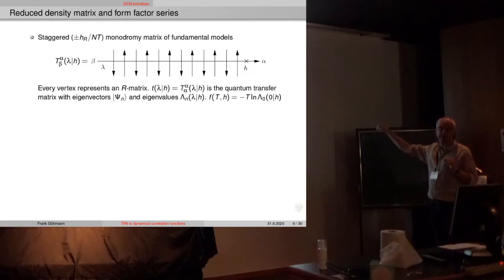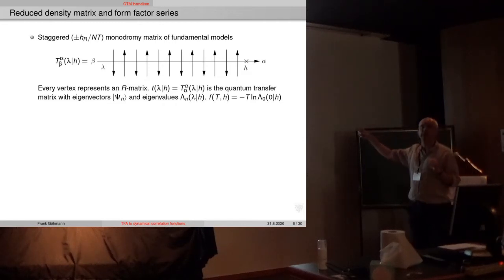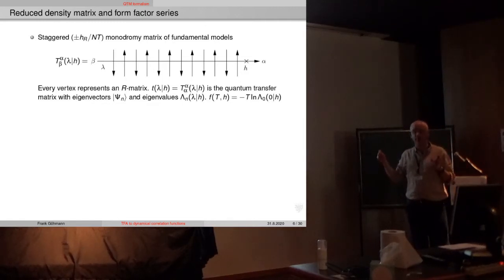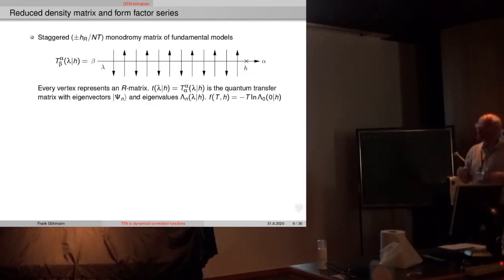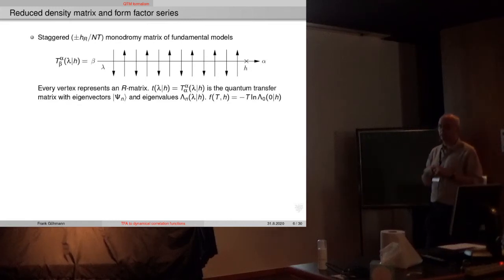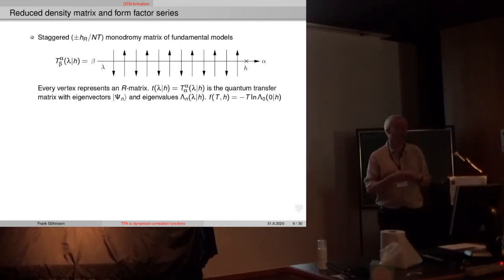The free energy per lattice site of the quantum transfer matrix is minus temperature times the logarithm of this dominant eigenvalue. So in all the thermodynamics of integrable models, fundamental models, where both space dimensions are the same, like Hubbard or t-J, or whatever you may think of, all the thermodynamics of all of these models is determined by a single eigenvalue of the quantum transfer matrix. That's why it is good.